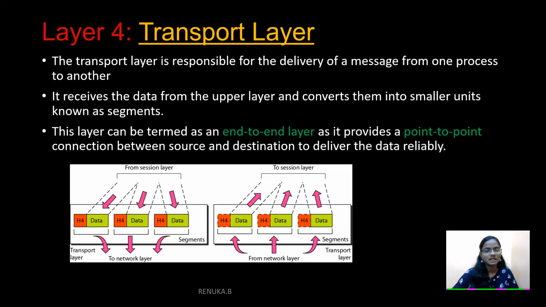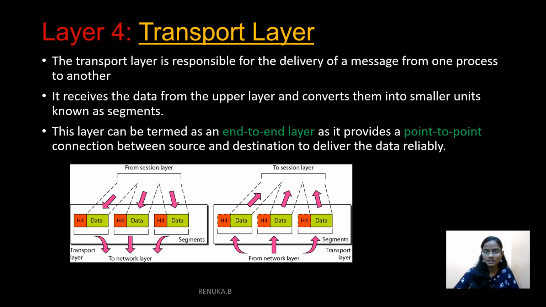Next is transport layer. This is the fourth layer. Transport layer is responsible for delivery of message from one process to another. It receives the data from the upper layer and converts them into smaller units known as segments. So in this transport layer, the data has been converted into segments.